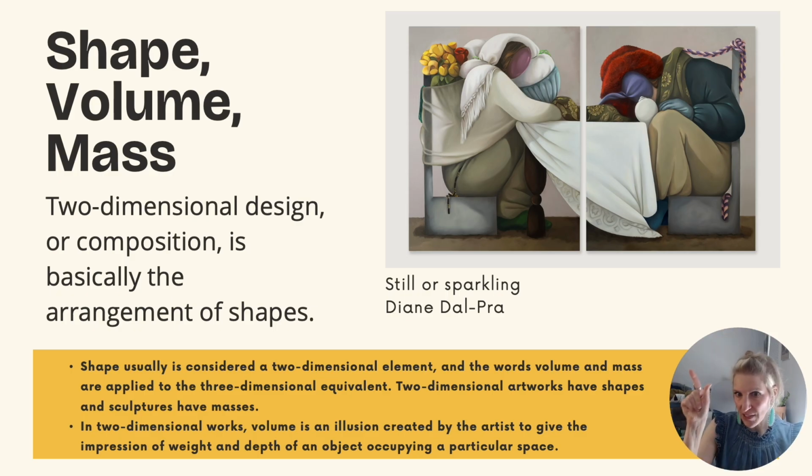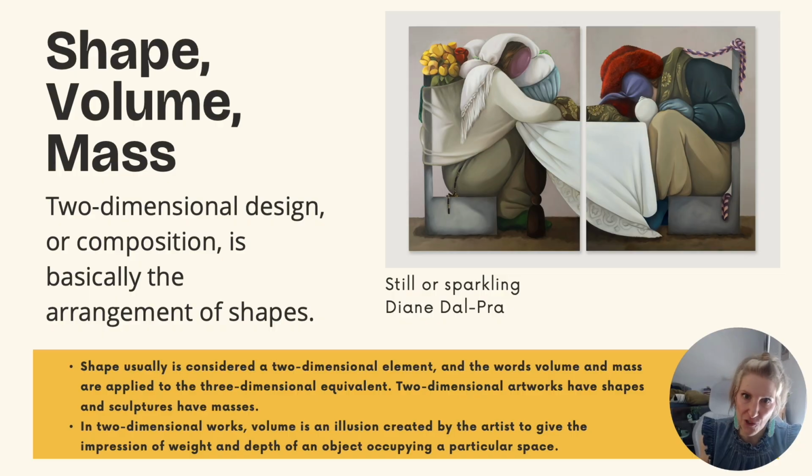Now, I talked just moments ago about volume, right? So we can start thinking about shape, volume, and mass in 2 dimensions. Now, 2-dimensional design or composition is basically the arrangement of shapes.